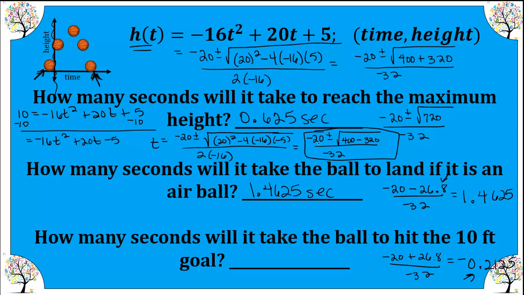So now I'm going to come over here. I have negative 20 plus or minus the square root. When we subtract that, looks like 80 over negative 32. So we have negative 20, we're going to have a minus, so let's take the square root of 80.